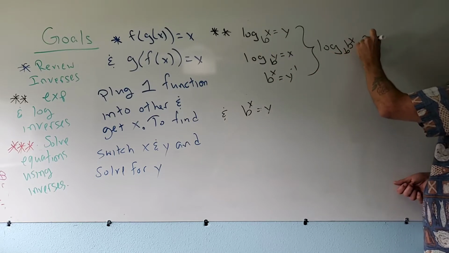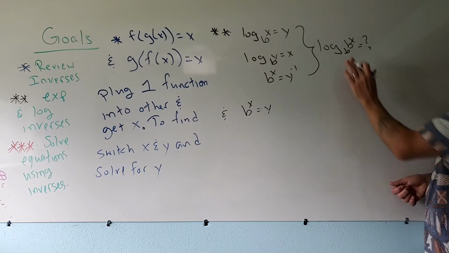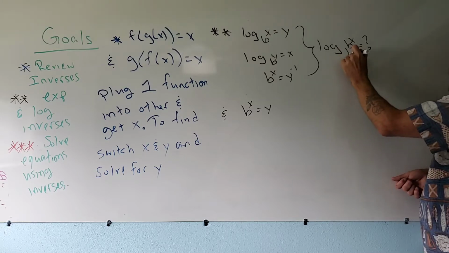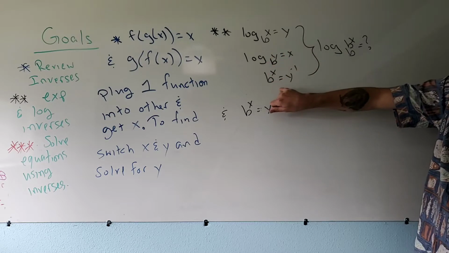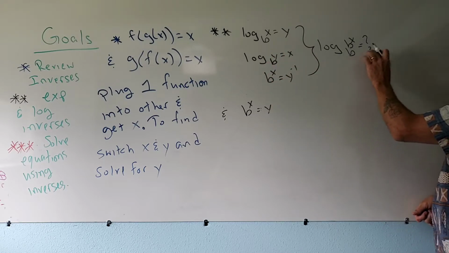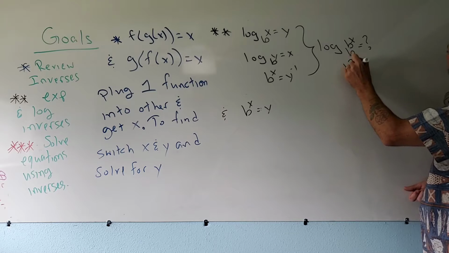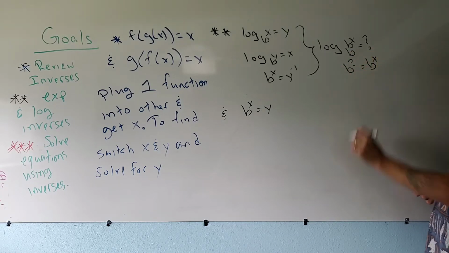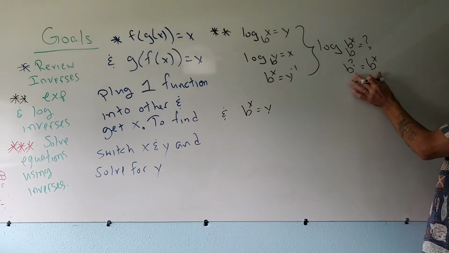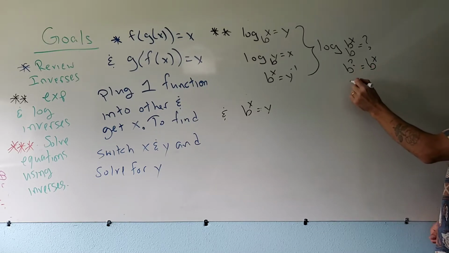And we'll just say that that's equal to something called question mark. Again, you want to rewrite the logarithmics as exponentials, so it's going to be b to the question mark power is equal to b to the x power. And since the bases are the same, that implies the exponents must also be the same.